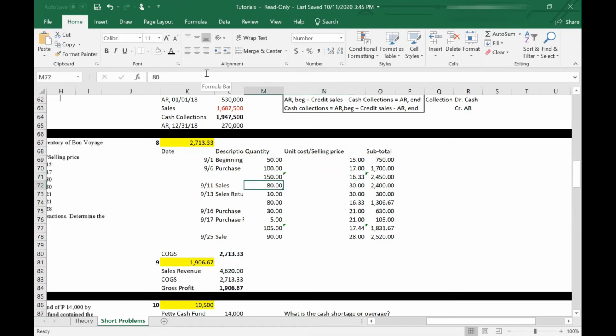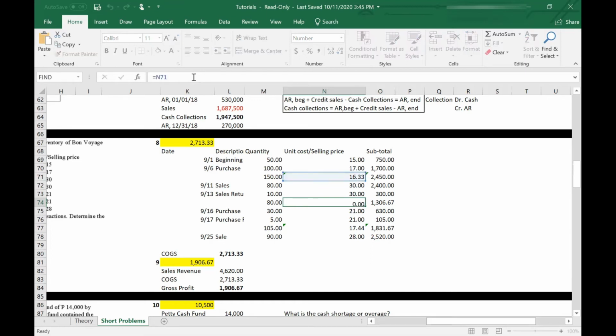Then you sold 80 units at 30 pesos, and then there was a sales return of 10 units, again at 30 pesos. You just multiply the figures to get the 2,400 and the 300. Now, how did we compute 1,306 and 67 centavos? There was no purchase, therefore our unit cost should be the same, 16 pesos 33 centavos.